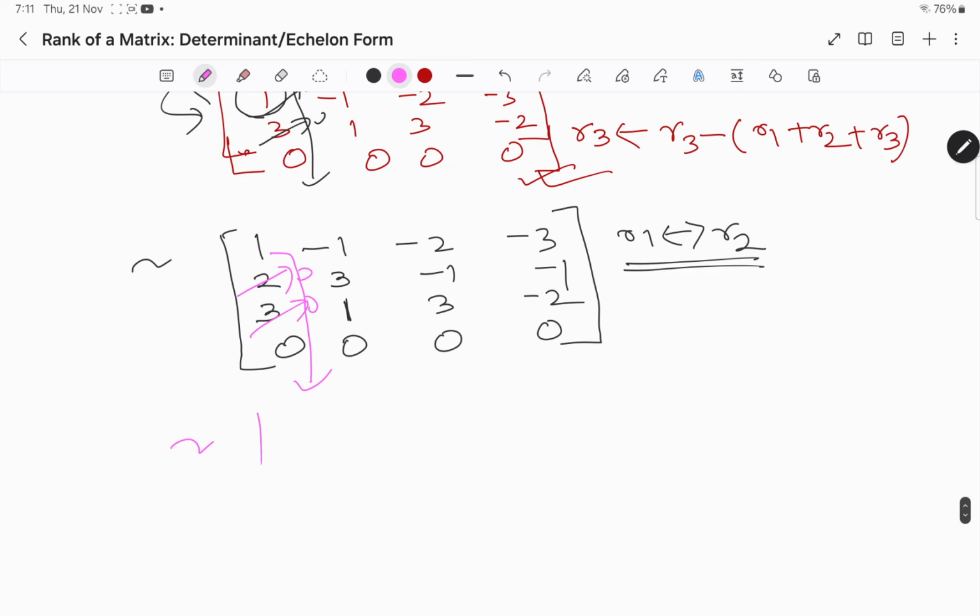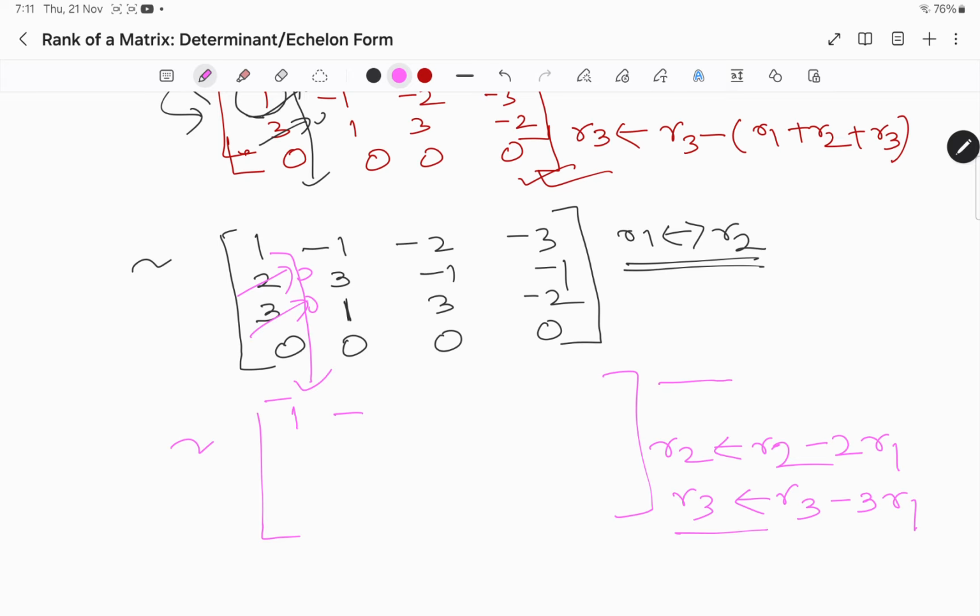So what is my operation now? R2 will be replaced by R2 minus 2R1, and R3 similarly replaced by R3 minus 3 times R1 here. So my row 1 remains silent and row 4 remains silent. Row 1 is 1 minus 1 minus 2 minus 3, row 4 will remain silent here.